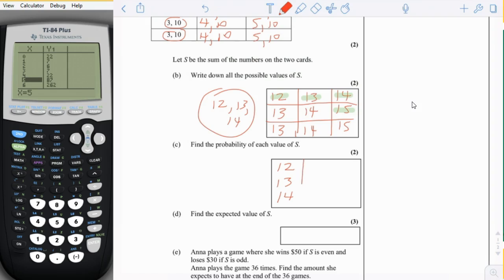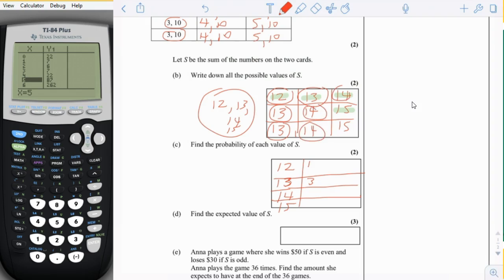So the way we figure out the probability is we're going to count how many occurrences of each one happen. So how many different 12s are there? There's only 1. Okay. How many different 13s are there? There's 1, 2, 3. Oh, I'm sorry, I forgot 15 here too. 15 is also one more distinct possibility. Okay, how many 14s are there? 1, 2, 3.